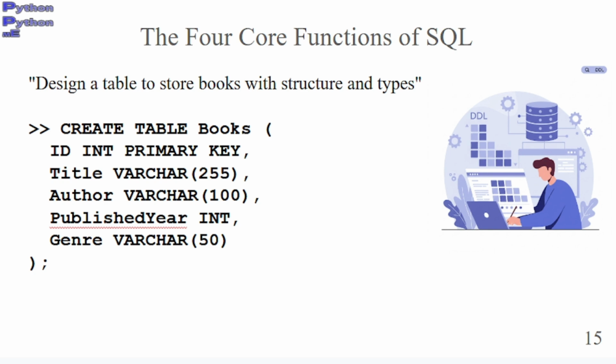The data types have to be consistent with the data being stored, such as ID being a number, and therefore we go with the data type integer. The title being characters, therefore we go with varchar. This is true for author and genre as well. The published column here is optional. You can go with year or date time depending on your requirement, which suits the data the most. Then you would execute this command to create an empty table.